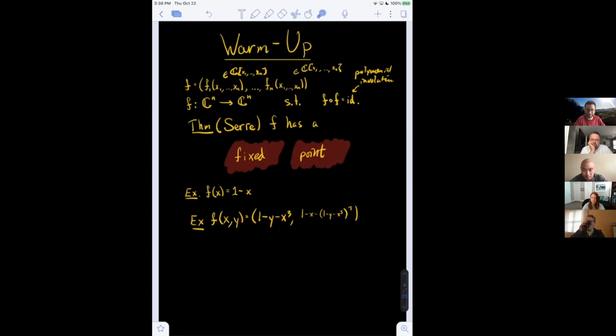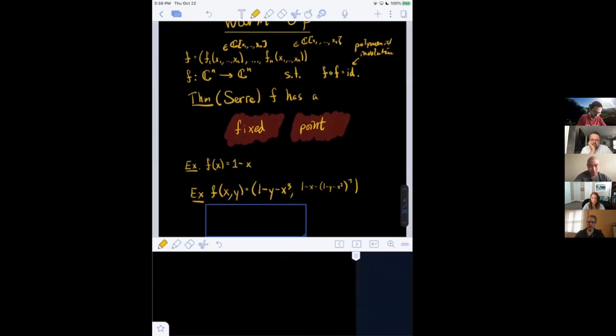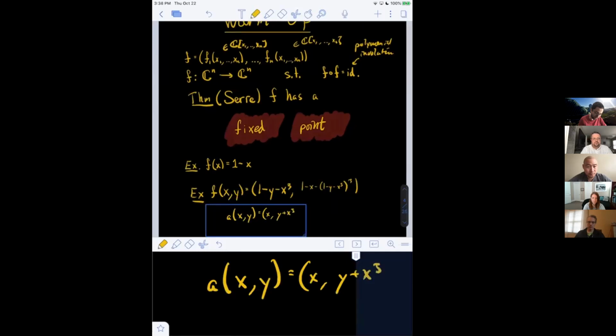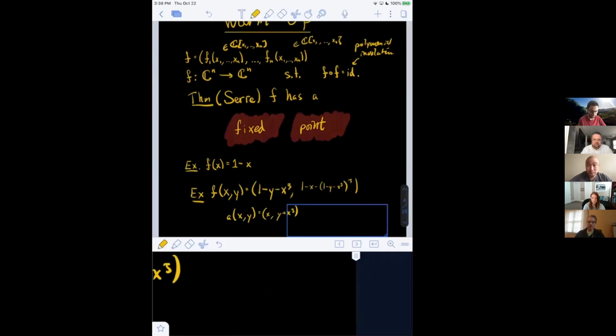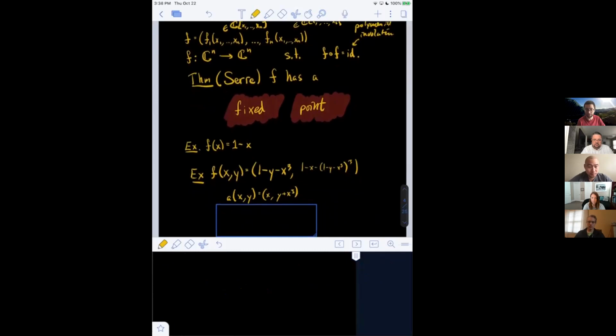So this is an involution, and maybe a fun challenge if you want to think about it a little bit is, how do you actually generate interesting polynomial involutions? It's not so easy. So maybe let me just tell you the trick that I used to make this one. What I did is I set a of (x,y) to be (x, y plus x cubed). So this is an invertible map. The inverse is given by a inverse of (x,y) is (x, y minus x cubed).